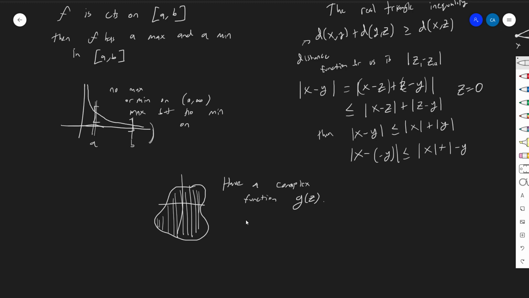So you've got to say something different. Instead, what you want to say is that I want to consider maxes and mins for the magnitude of g of z. This is a real number, and so I can talk about maxes and mins for it. And luckily, this absolute value thing is a continuous function.